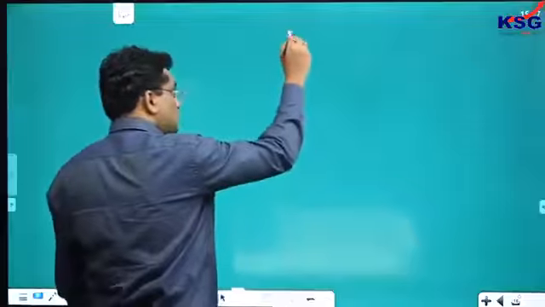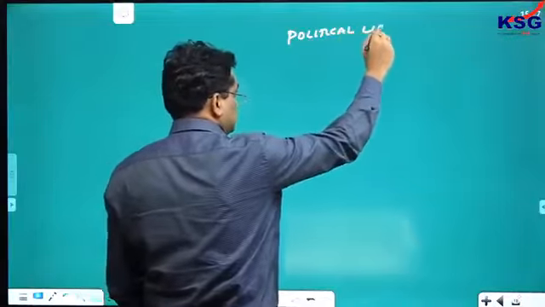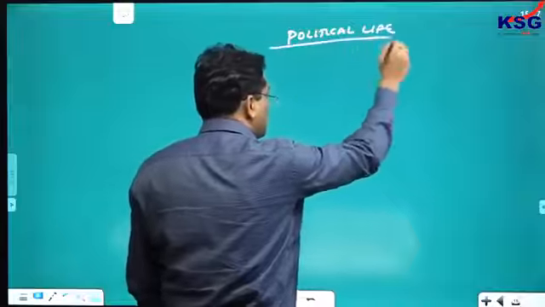So, the political life of the later Vedic period.